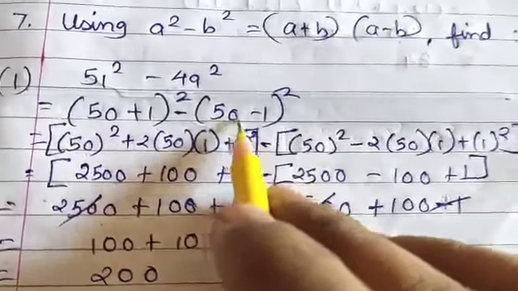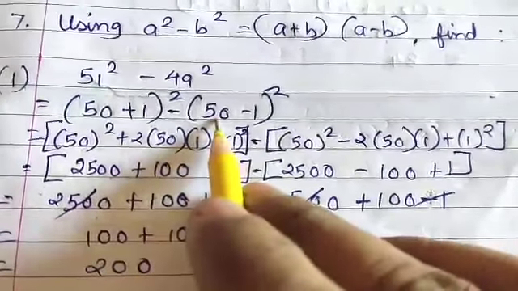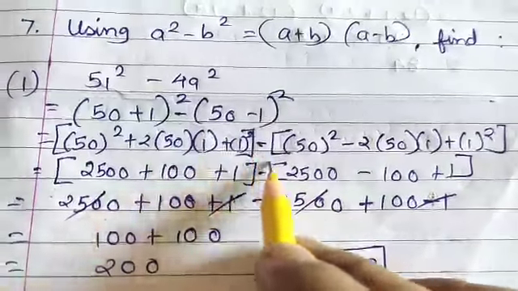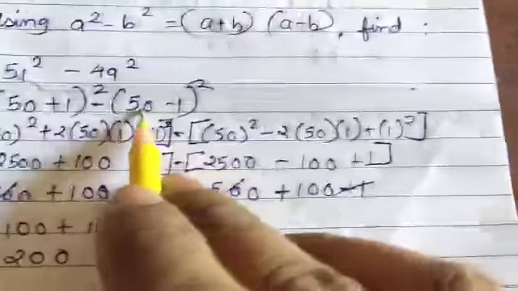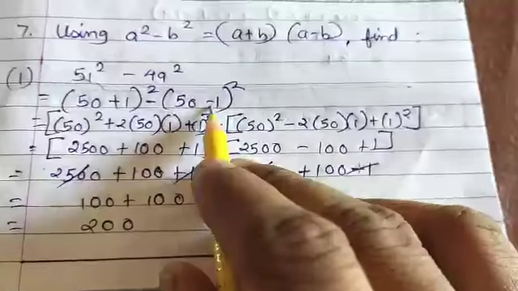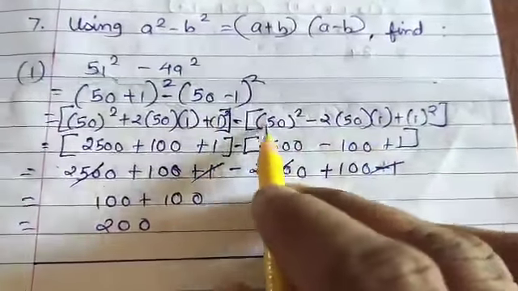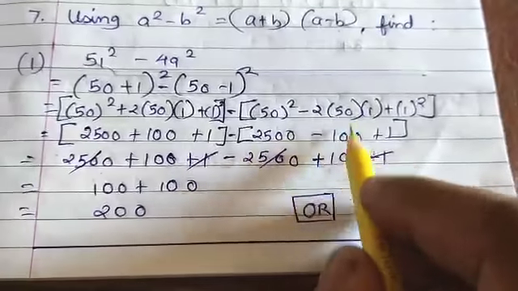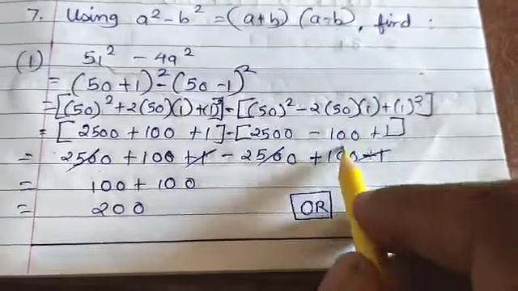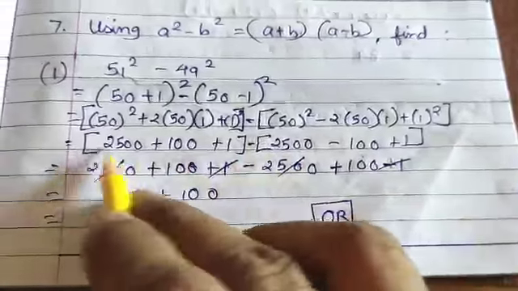Now again by applying the identity, solve the other value, and put the minus sign as it is. That is the square of the first term minus 2 into first term into last term plus the square of the last term. Then the square of 50 is 2500, 2 into 50 is 100, that is negative, and the square of 1 is 1. Then open the bracket.